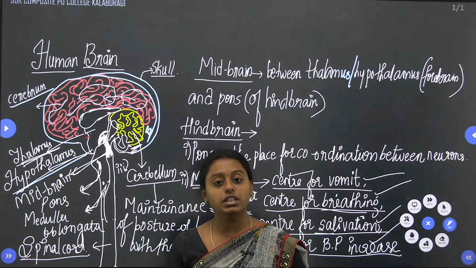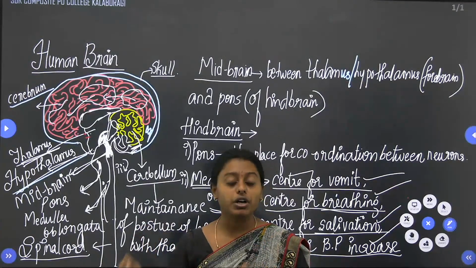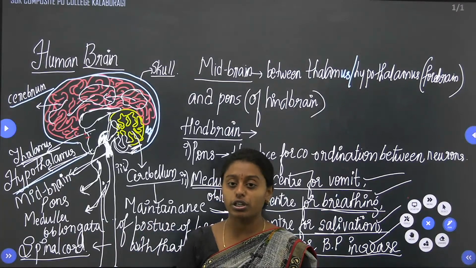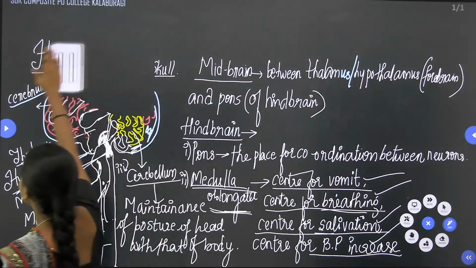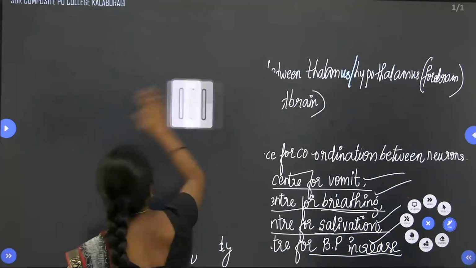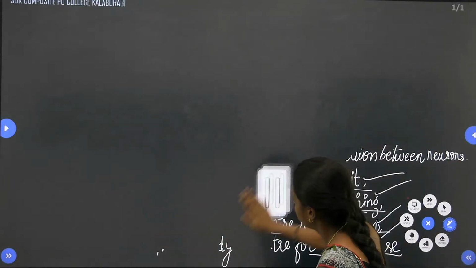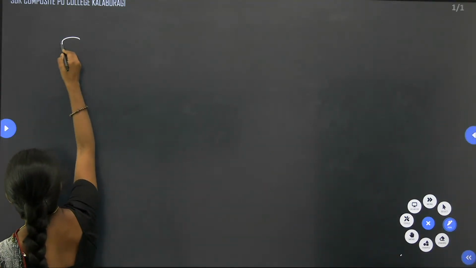In association with the nervous system, we can also observe another major system within the human body, that is the endocrine system.